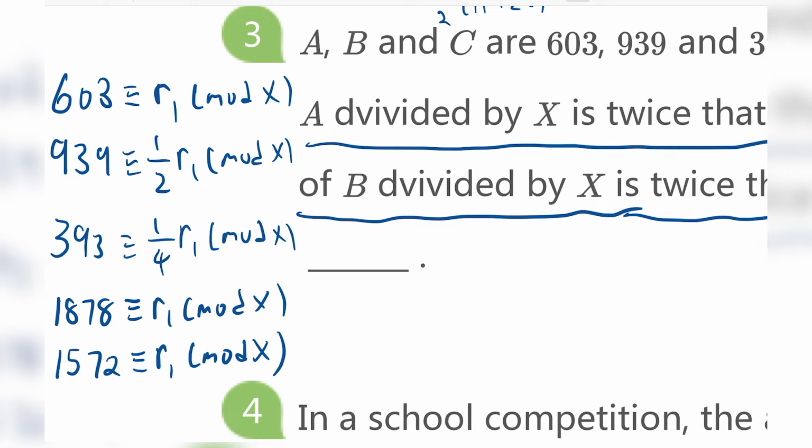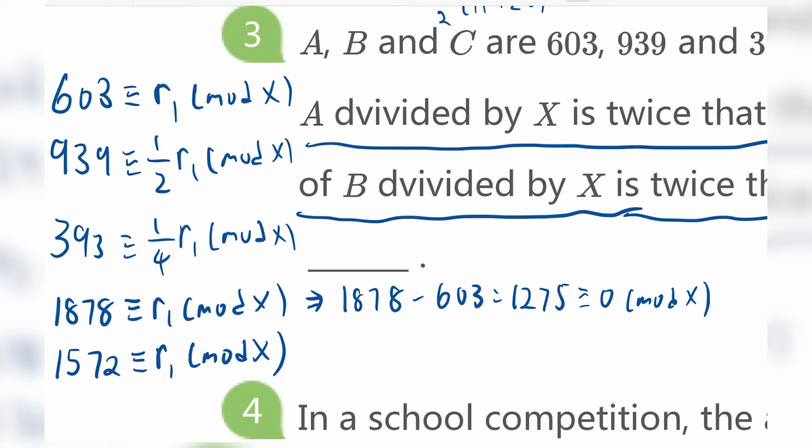Now we have quite a few equations hanging around right now. In this case, we can do a little bit of subtraction. We take 1878 minus 603, which will get 1275, which is congruent to 0 modulo x. So there's no remainder when 1275 is divided by x.